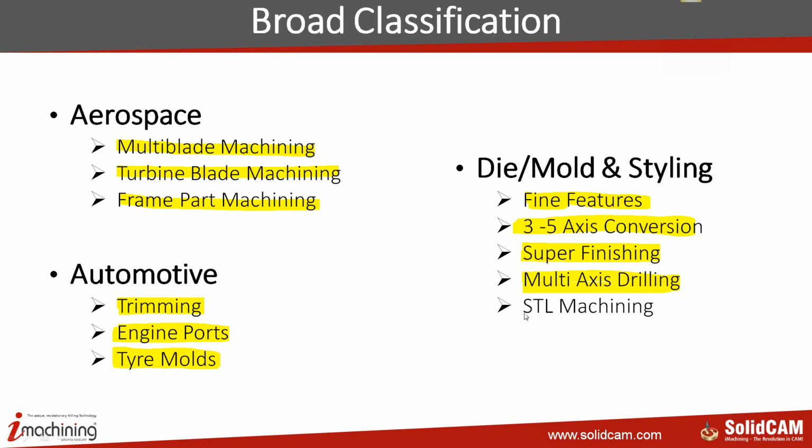And last but not least, STL machining, because this is also very crucial for people who do prototype machining. Since most of their prototypes are scanned prototypes, we will use STL machining to cut the part in 5-axis using the STL geometry.